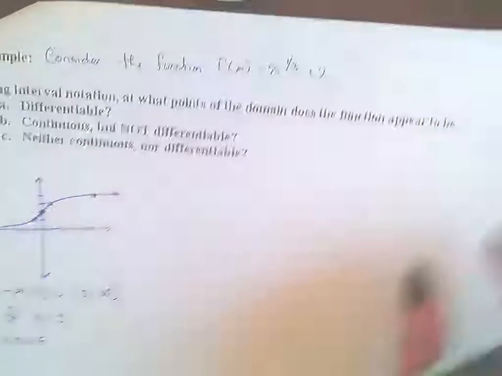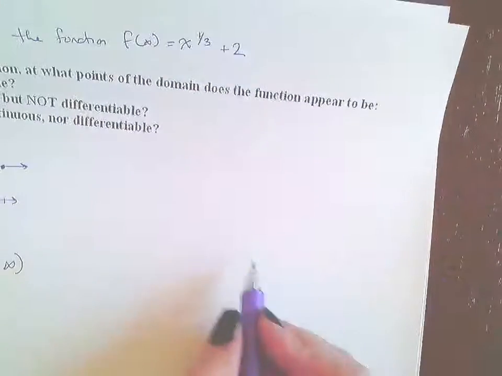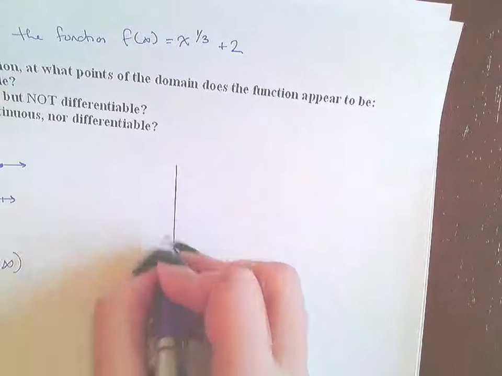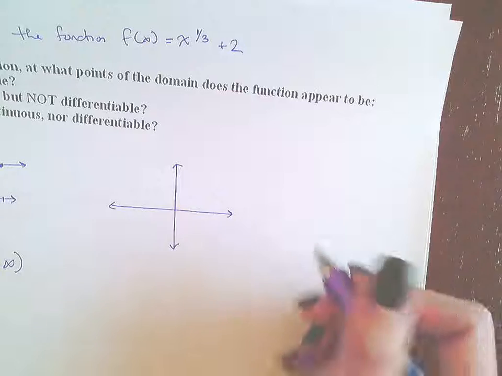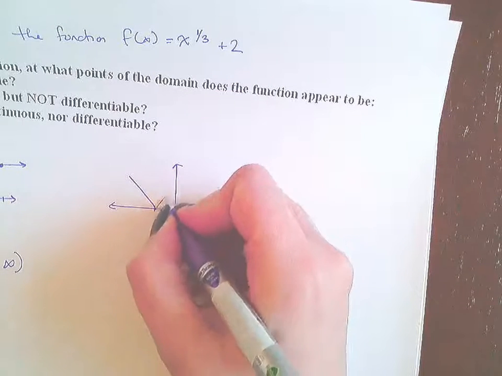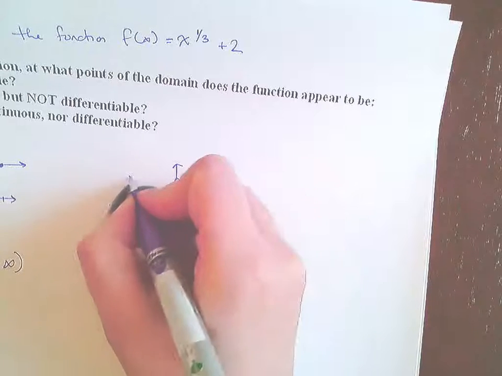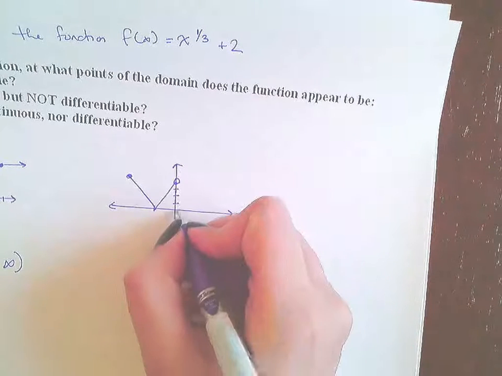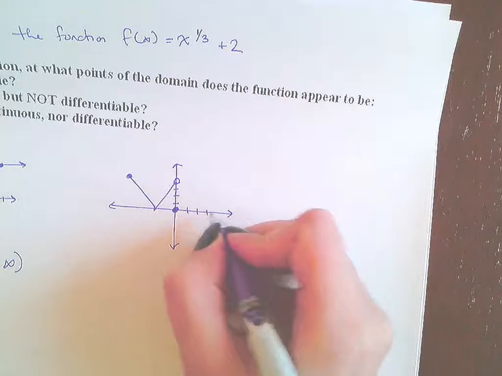Okay? I'm going to show you guys just one more example just to make sure that you understand what I was just saying. So here's another graph. I'm going to focus on an ugly piecewise function. Okay? So here is my graph. And let's say it picks up over here, 1, 2, 3.